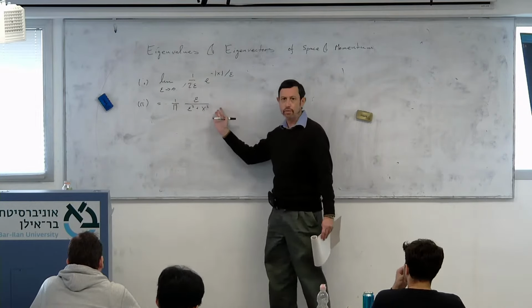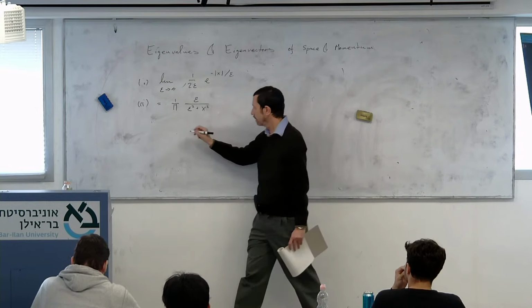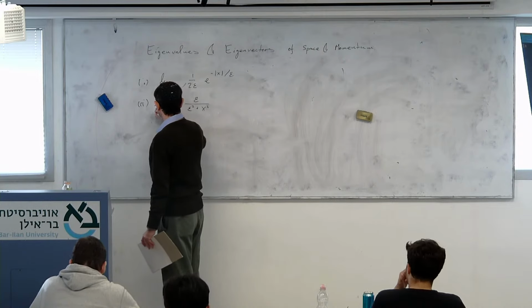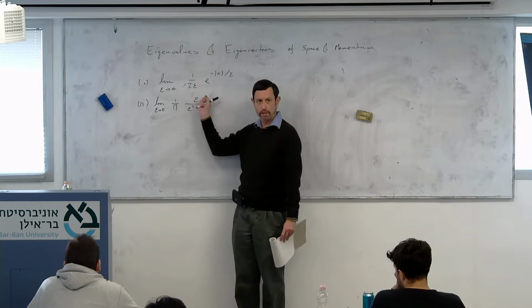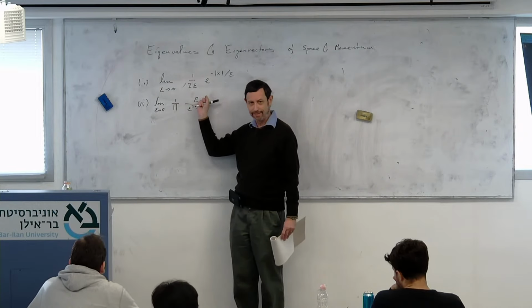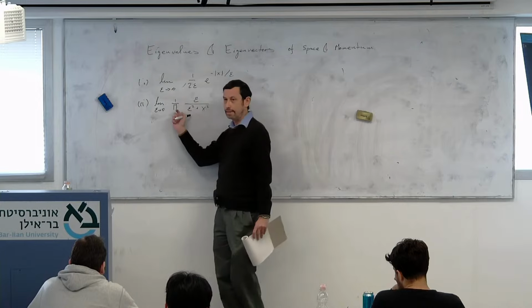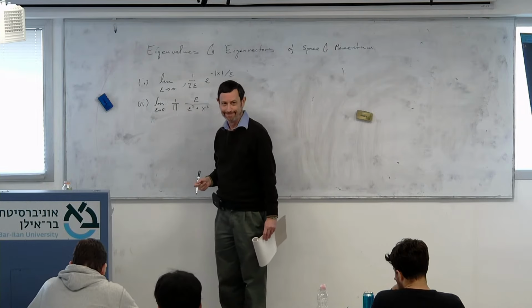Again, very loosely speaking, it's the limit of epsilon going to 0. The only place that this is not 0, because of this guy, is at x equals 0, and this normalization is such that the integral is 1.